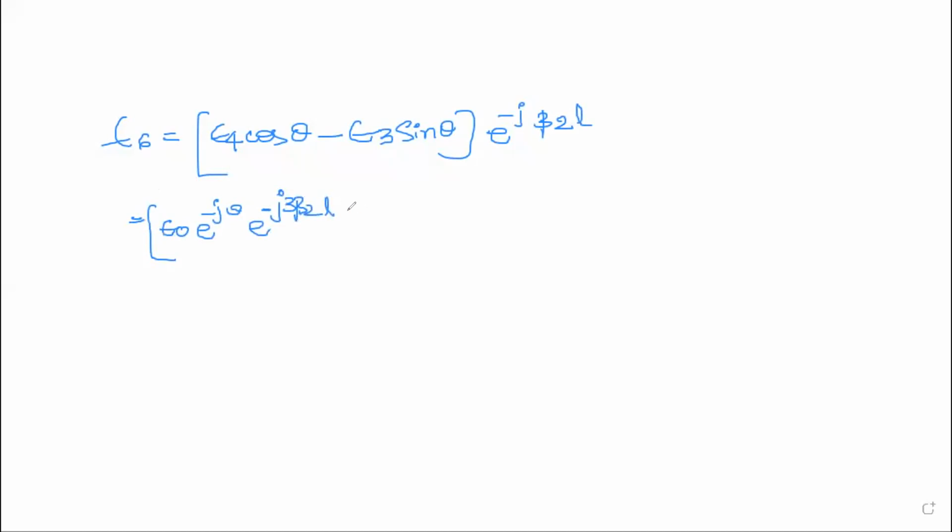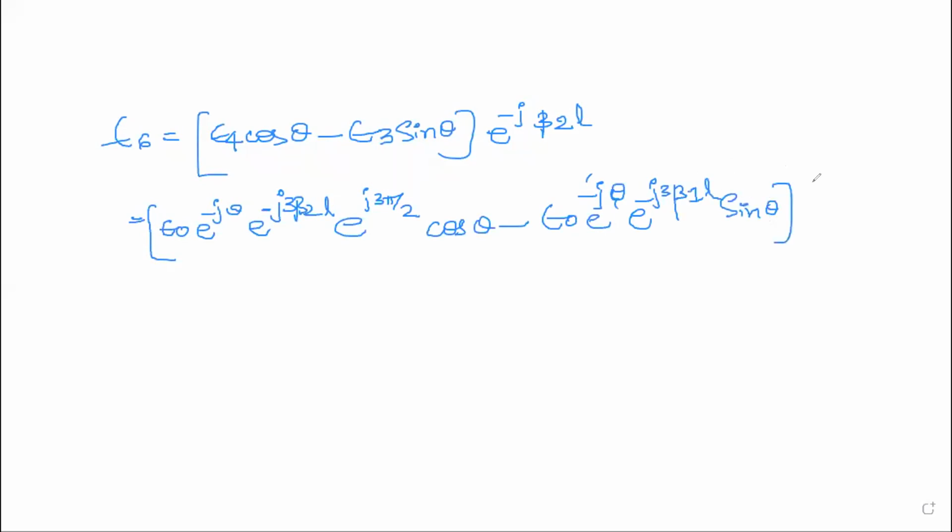Then you have e to the power j 3 pi by 2 cos theta minus the E3 value, which is E naught e to the power minus j theta, e to the power minus j 3 beta 1 L sin theta, into e to the power minus j beta 2 L.